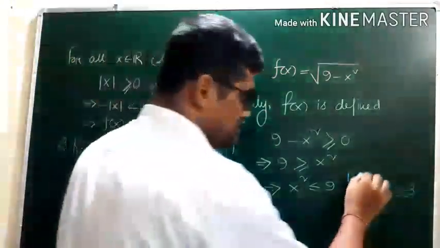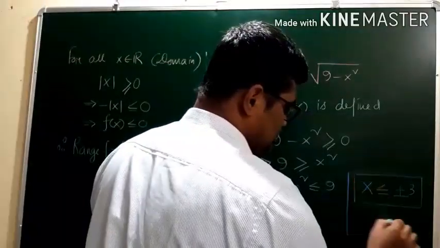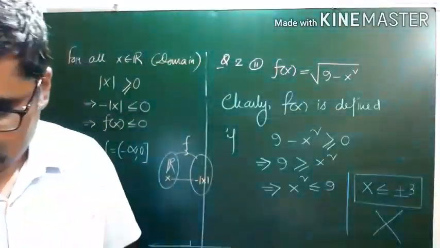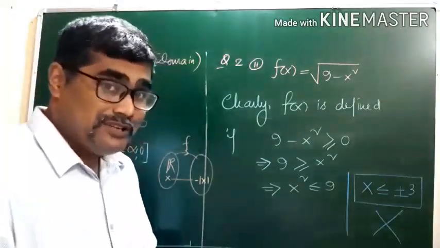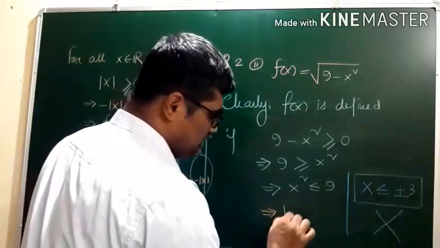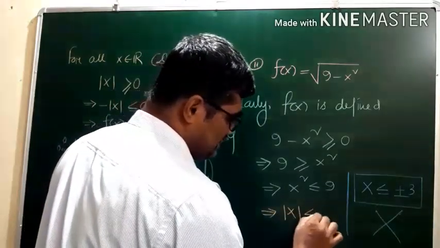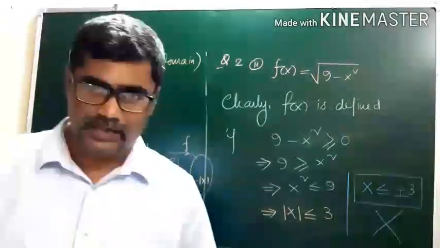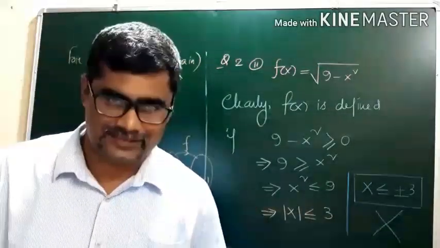Remember, this is absolutely incorrect. It is not correct, right? What will be then? Once you write, it will be mod of x less than or equal to 3. Mod of x is less than or equal to plus 3.